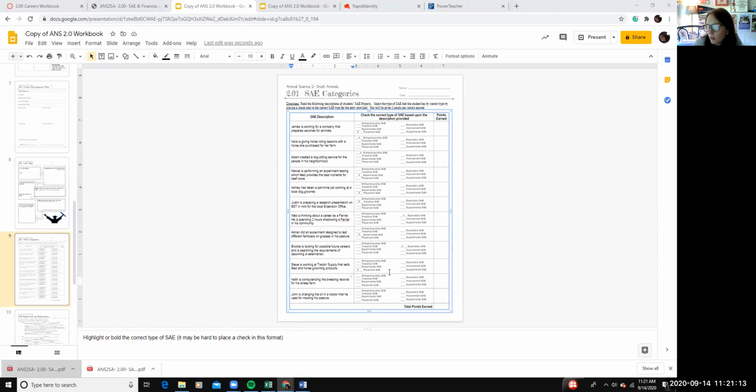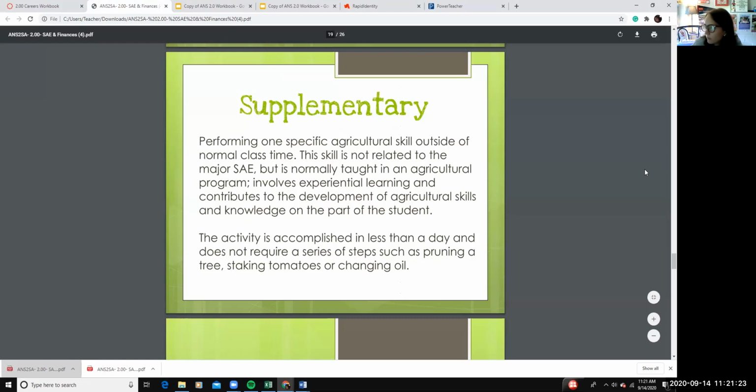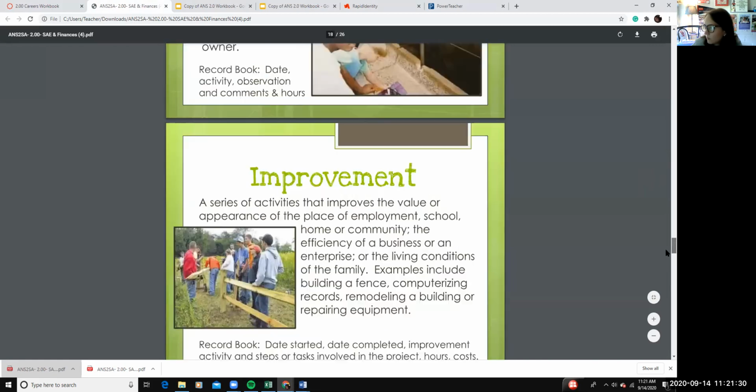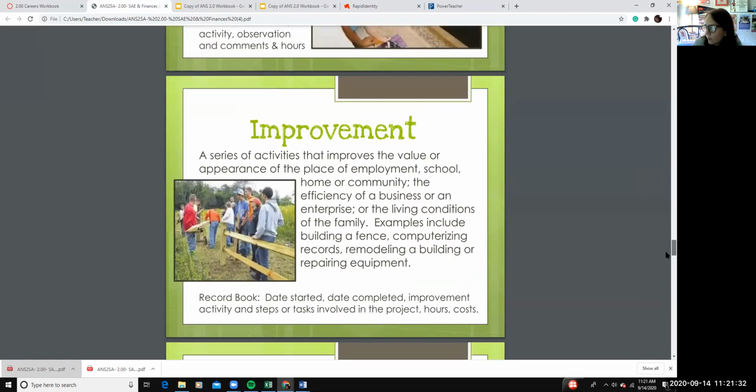Anybody get anything different? All right, this one is actually improvement.